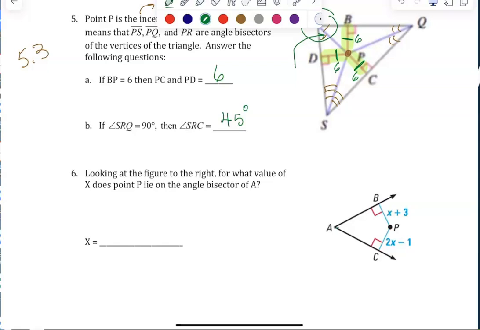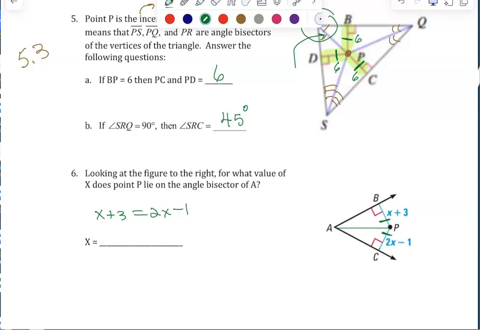So look, if this is on the angle bisector, then if you draw a line from that letter P, if you drop it right down on each ray of that angle, then 2 things happen. A right angle gets formed in the corner, and this has to equal this. So if you want P to be on the angle bisector, then x plus 3 is going to have to equal 2x minus 1.